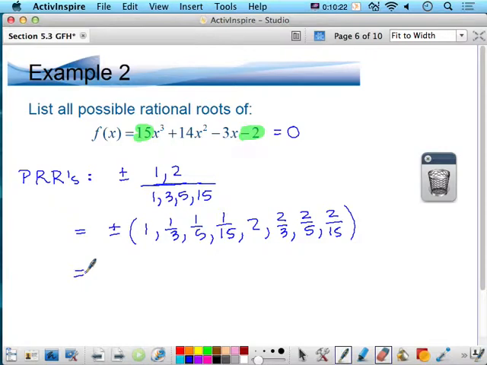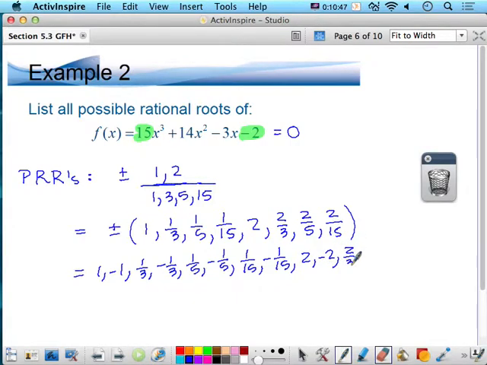And if we distribute out the positive and negative, we have plus or minus 1, plus or minus 1/3, plus or minus 1/5, plus or minus 1/15, plus or minus 2, plus or minus 2/3, plus or minus 2/5, and plus or minus 2/15.